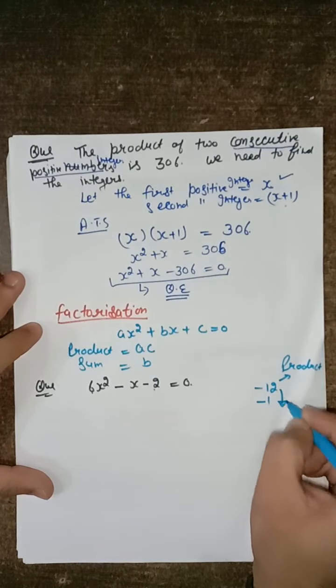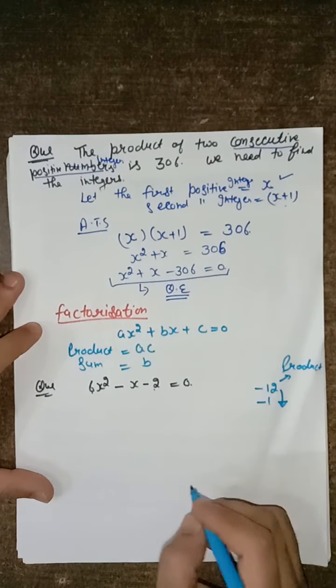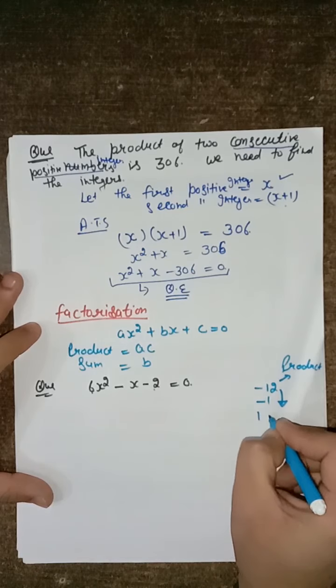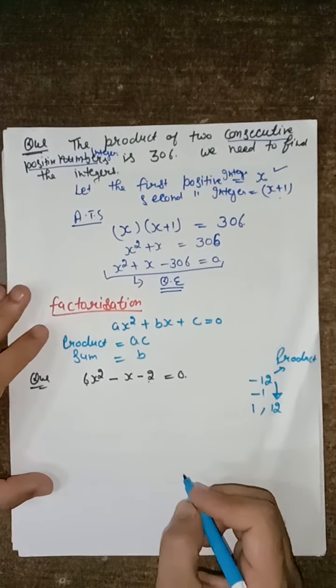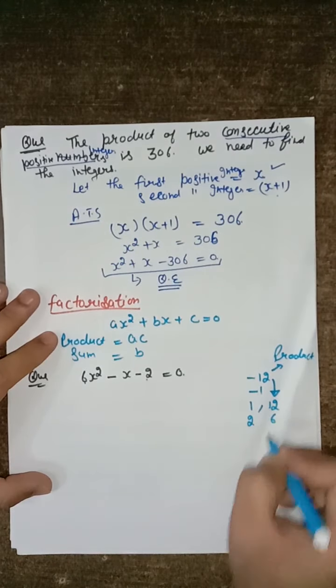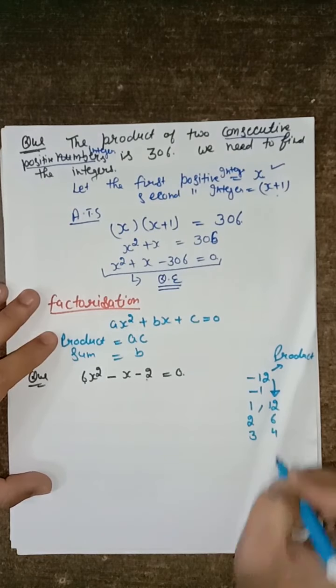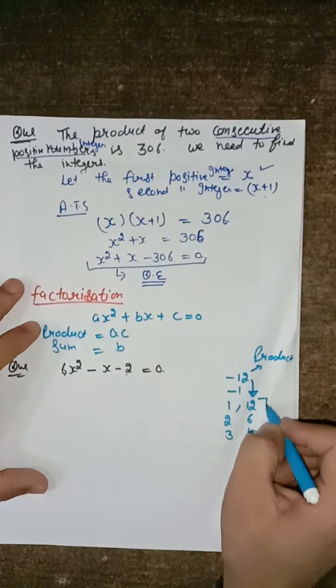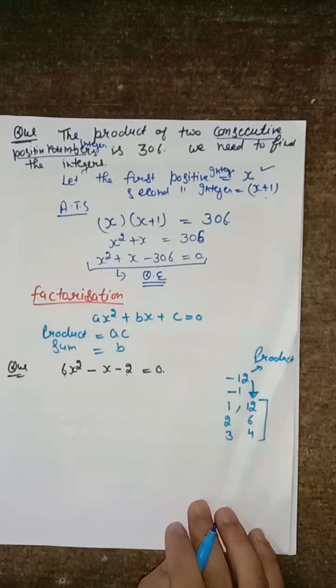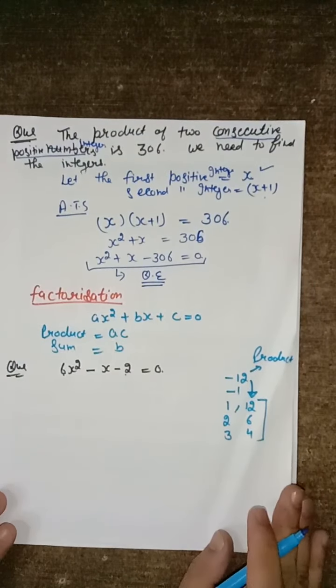So find the pairs of two numbers whose product is 12. First pair is 1 into 12, second is 2 into 6, third is 3 into 4. Here we have only these three pairs whose product is 12.